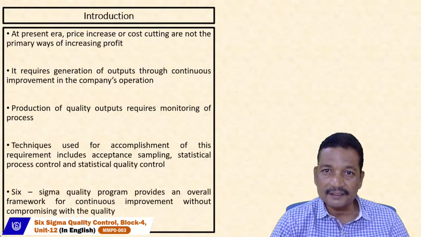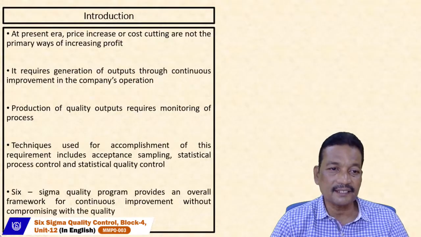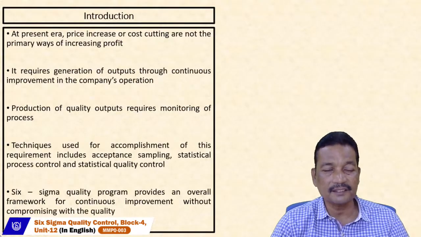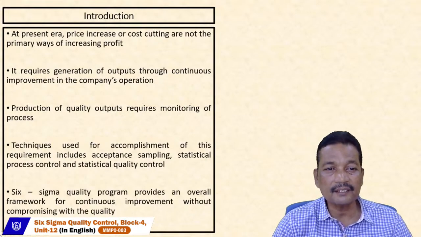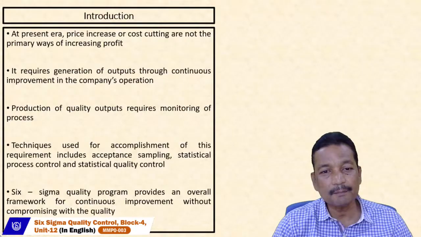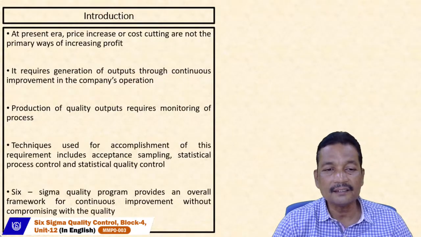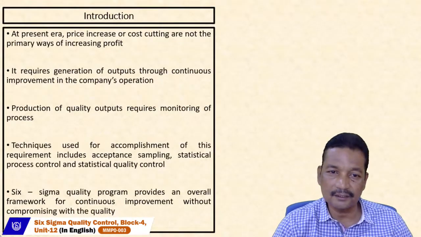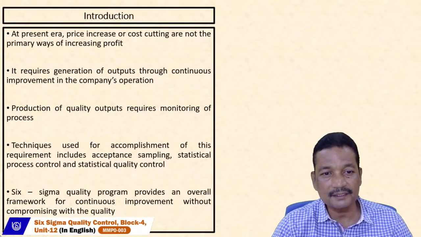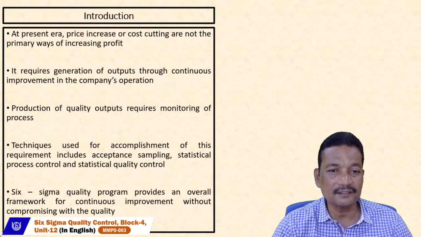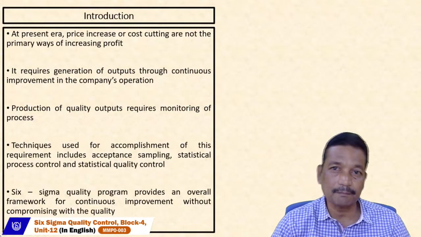Now, what are the techniques used for this quality control? The techniques used for accomplishing quality outputs include acceptance sampling, statistical process control, and statistical quality control. When we talk of acceptance sampling, the name itself tells us that we are adopting a particular method of sampling.